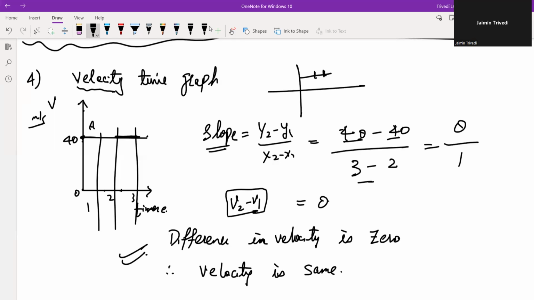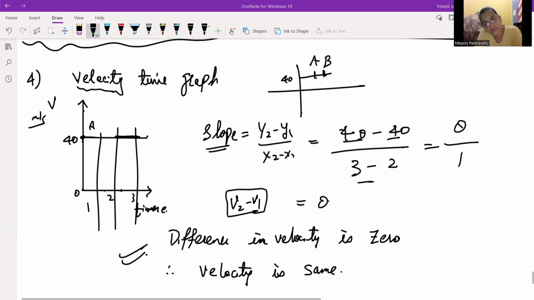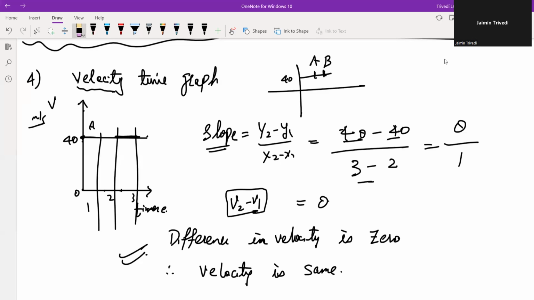I'm taking 2 points here and I'm mentioning 40 here. What is the value of point A and point B? 40, 40. Both are on the same line, no?